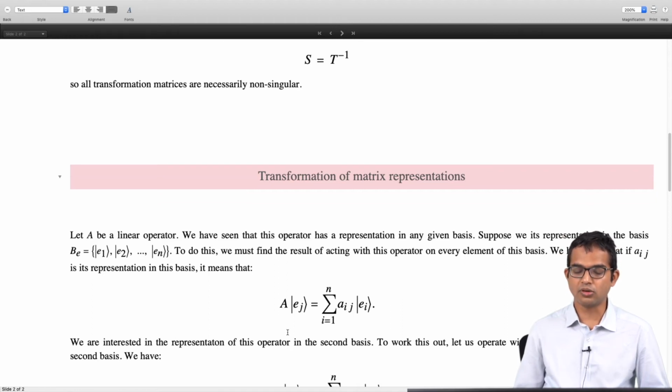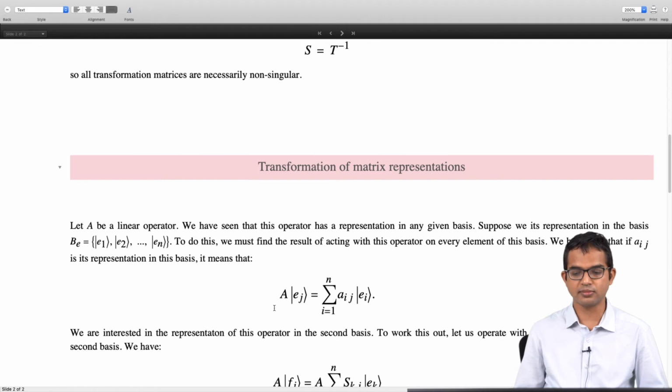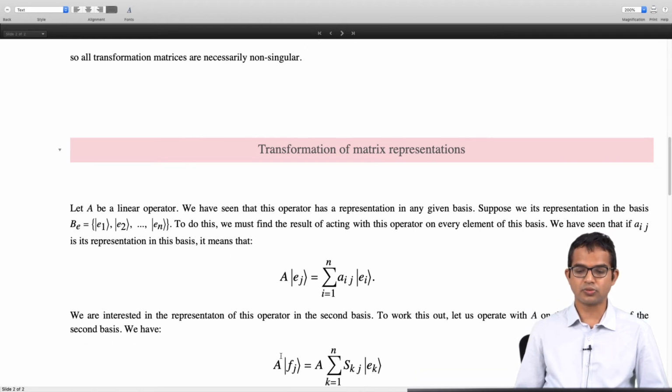Now to work this out, let us see how we can work out what this operator does to the elements of the second basis in terms of the transformation matrix and the matrix elements of the linear operator in the first basis. We want to connect the representation of the operator in the first basis to the representation of the same operator in the second basis. In other words, we are interested in finding out what A does to Fj.